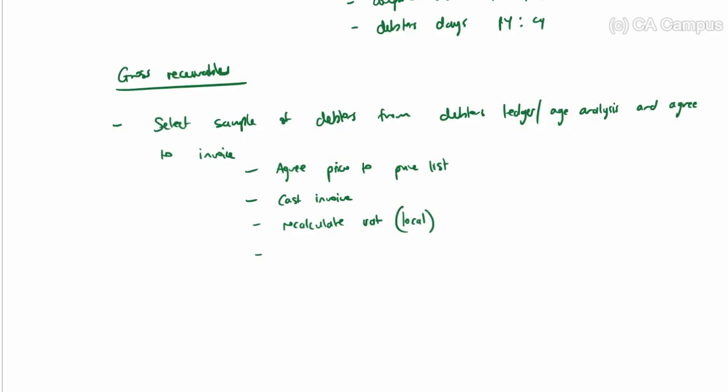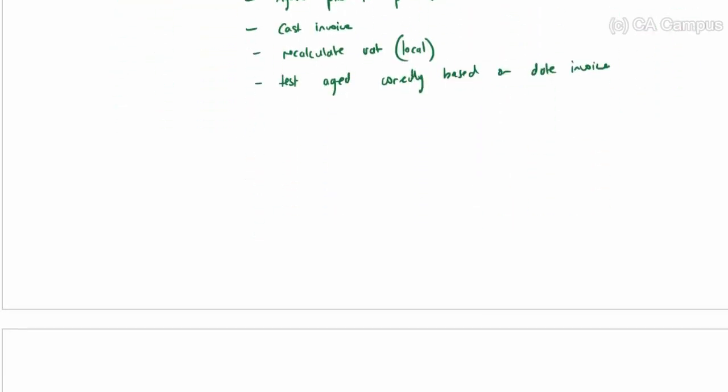And I can go and test that it has been aged correctly based on the dates of the invoice. That's how I can test my sales for my gross receivable. The rest of my work is going to come from the allowance for credit losses.